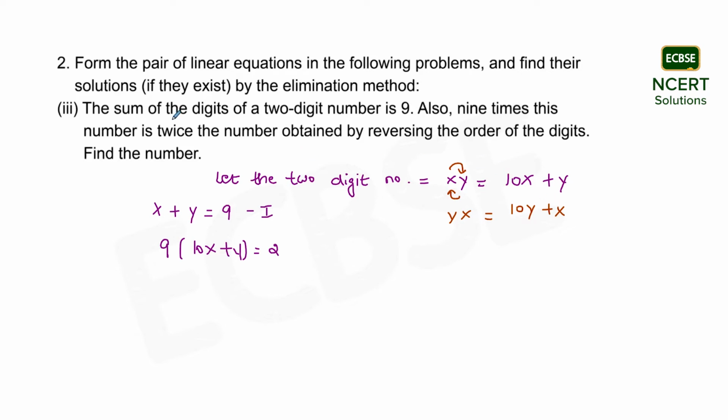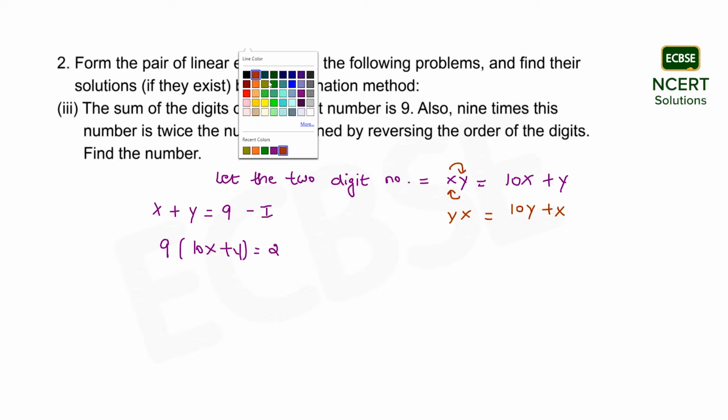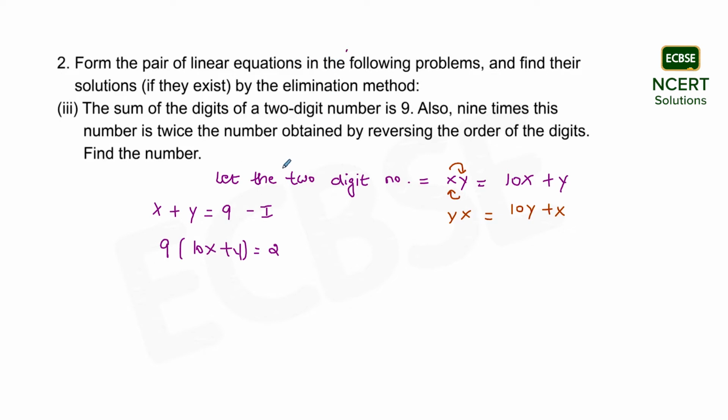The statement says it is twice the number obtained by reversing the order of the digits, meaning it is 2 times (10y plus x), right? Now calculating it, it will be 90x plus 9y is equal to 20y plus 2x, right?